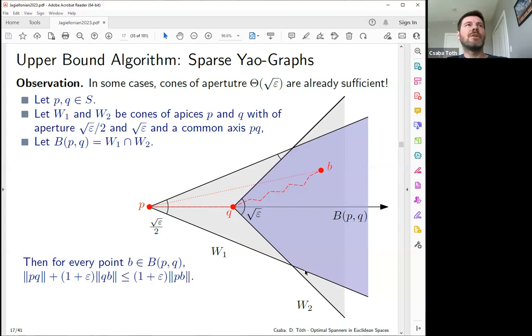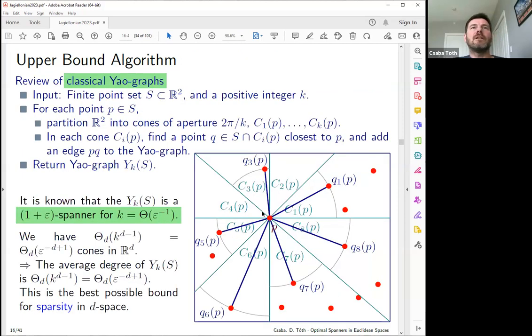The condition when this is possible is explained in the same picture. It's based on these two cones. The cone of W1, I think W is for wedge, has an angle that is not epsilon, but square root epsilon. If you go back, in the Yao graph the angles of these cones are roughly epsilon.